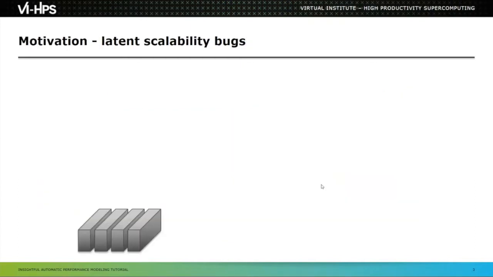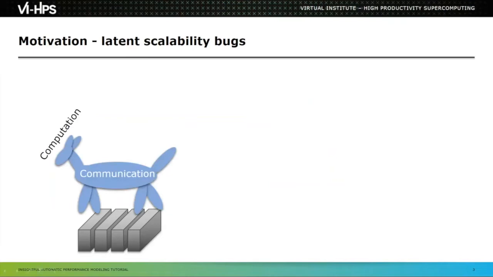So what's the motivation behind using ExtraP? The motivation is that we find latent or hidden scalability bugs in our parallel codes. Usually when we deal with a parallel code, we start out on a small system, represented here on the left side. This is our small cluster. And then we have this stuffed animal here that represents the computation and the communication part of our program.